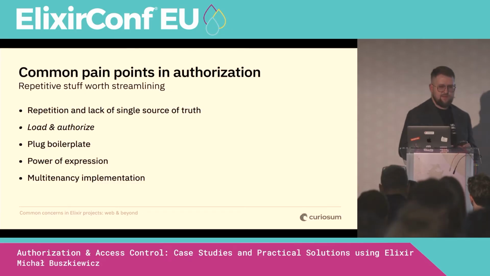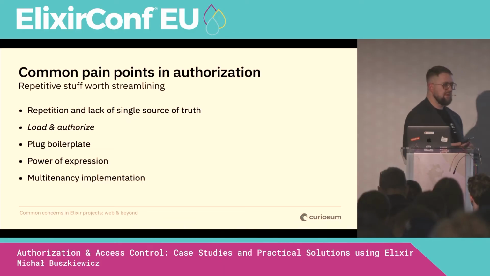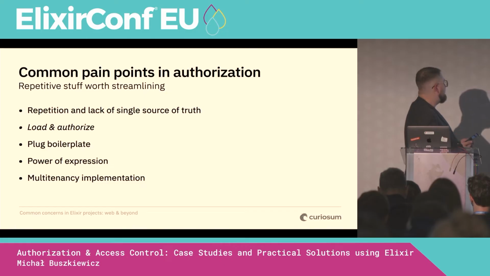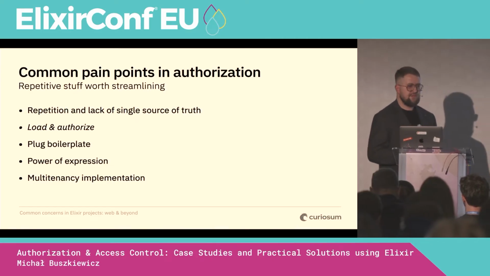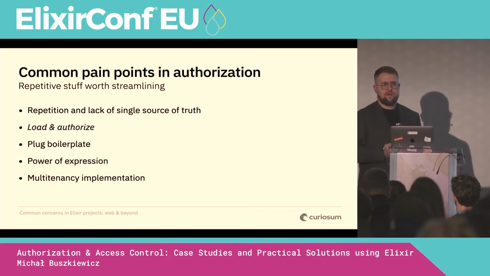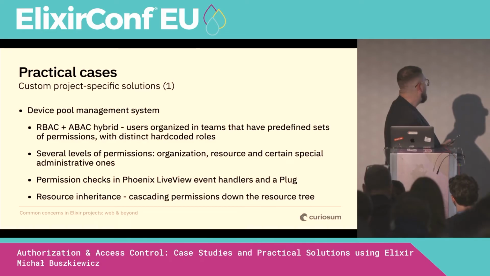Plug boilerplate: if we decide to write this kind of mechanism ourselves, we end up with some additional code that's just there for the sake of being there. Power of expression, which is something we need to reason about when designing the right system for our specific use case, and also multi-tenancy implementation, which is yet another complex thing we need to care about.